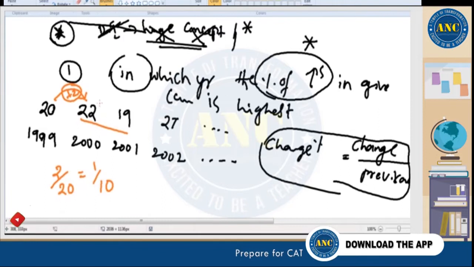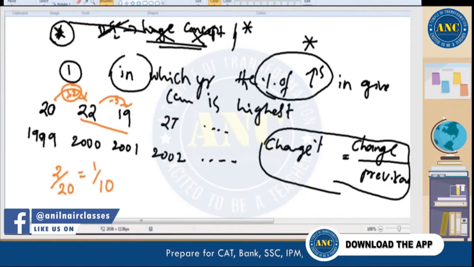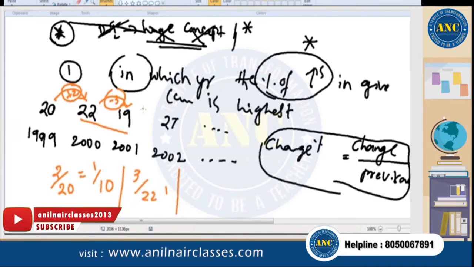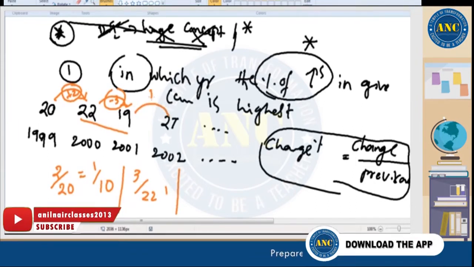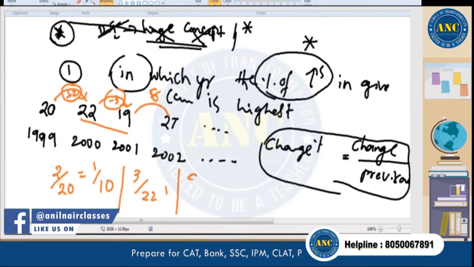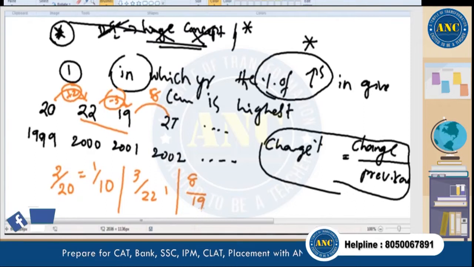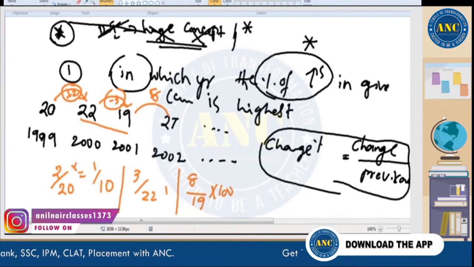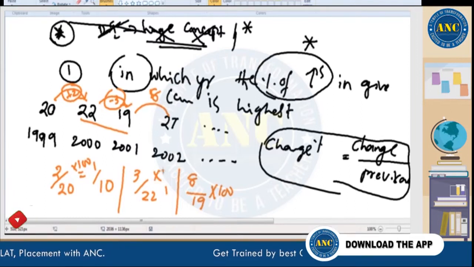Here it is decreased, but by how much, sir? By 3, and the previous value is 22. Similarly, 19 became 27. Increase is 8, so the percentage increase is 8 by 19. If you want the percentage, you have to multiply each value by 100.